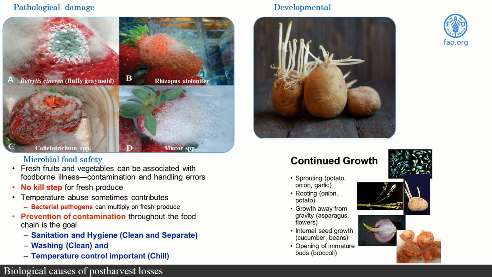In addition to post-harvest losses, the pathological damage raises microbial food safety issues. So, prevention of contamination is mandatory in fresh fruits and vegetables throughout the chain by sanitation and hygiene. It needs to separate the infected from clean, it needs washing and drying, and it needs temperature control.